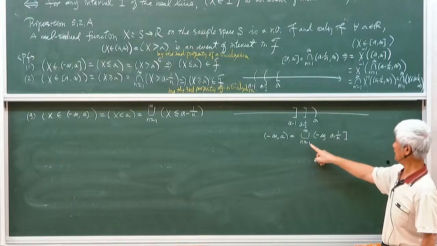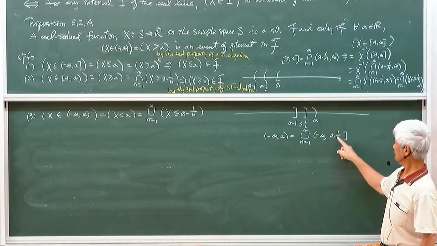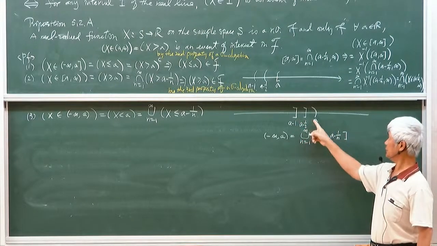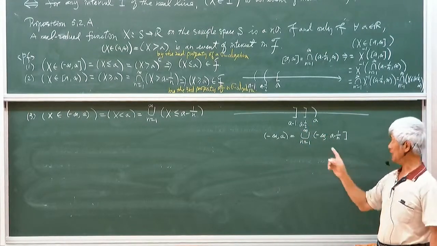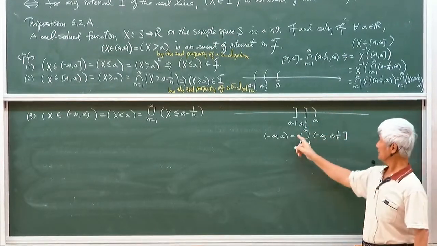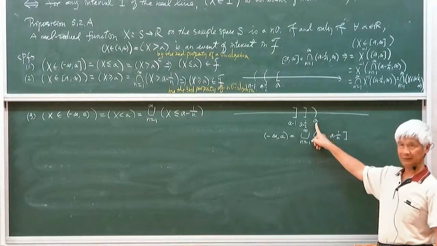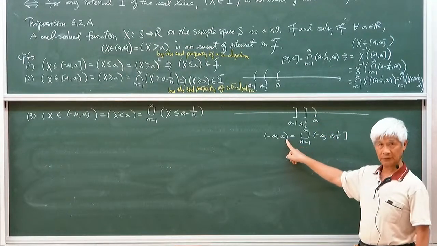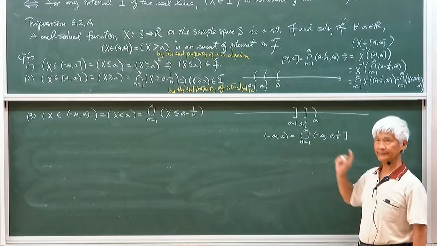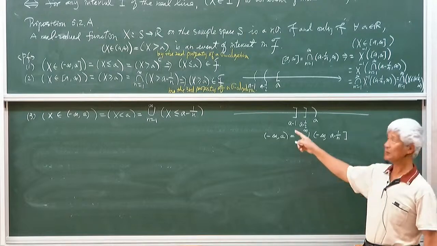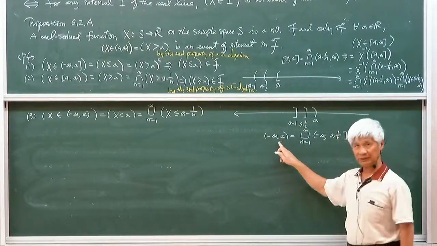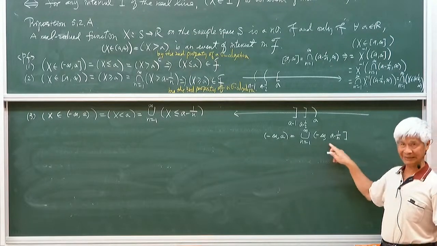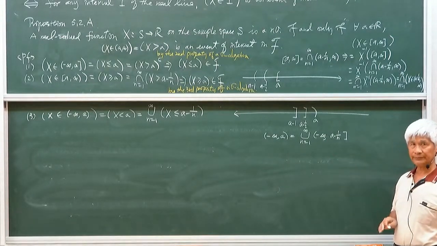Because as n goes up, the right endpoint goes toward A but is always less than A, so the union never reaches A. That's why you have the open end here. So this semi-infinite interval is the union of these semi-infinite intervals.